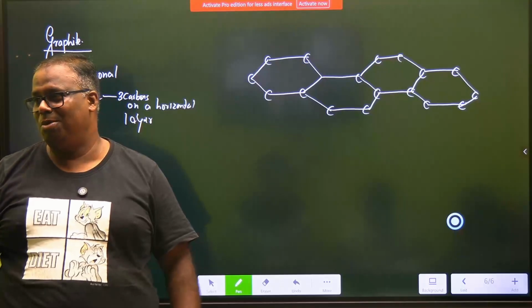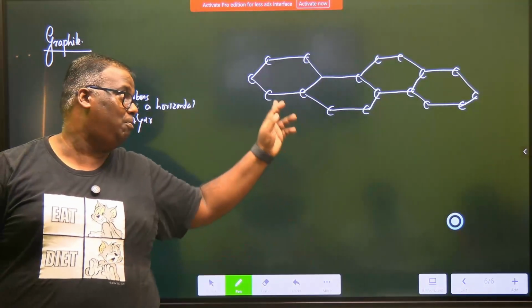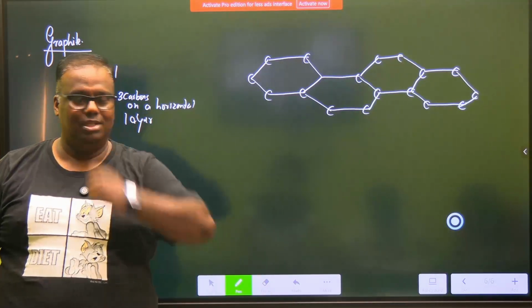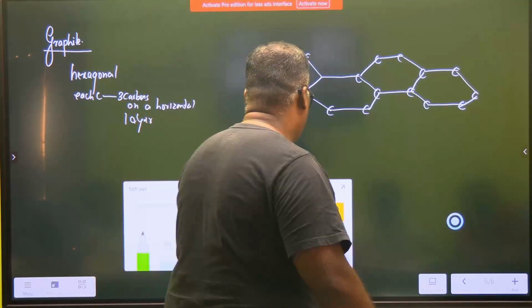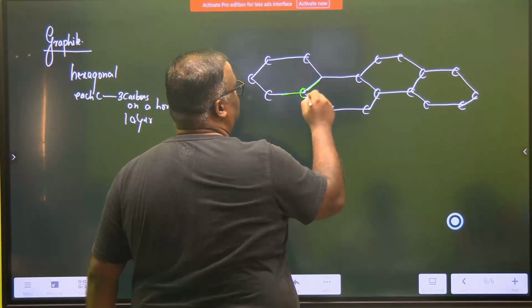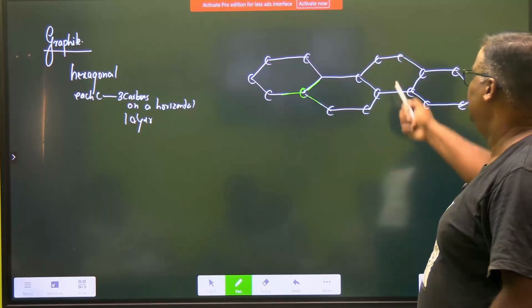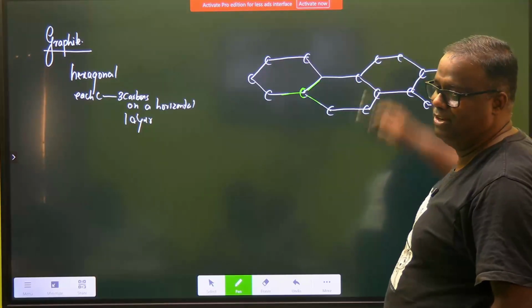So look at, take up any carbon of your choice. This is one carbon. And if you see, this carbon is linked with 3 carbons, as we were saying. Every carbon is linked with 3 carbons. So you might say, sir, this carbon is linked with only two. There will be another hexagon here also.